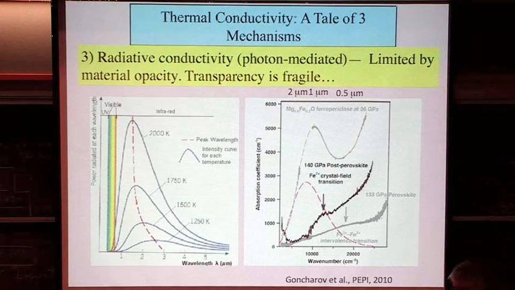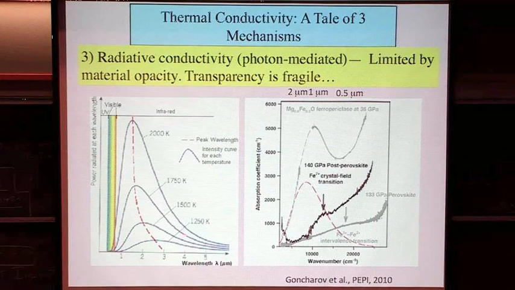And the transparency of materials is actually a very delicate and fragile phenomenon. What this relies on is the standard emission curves of materials. Stuff sits at high temperature, let's say 2000 K, and these are the standard Planck emission curves for radiation as a function of wavelength. This is the visible range in here, infrared over here.